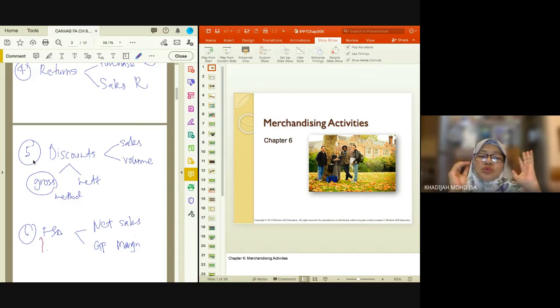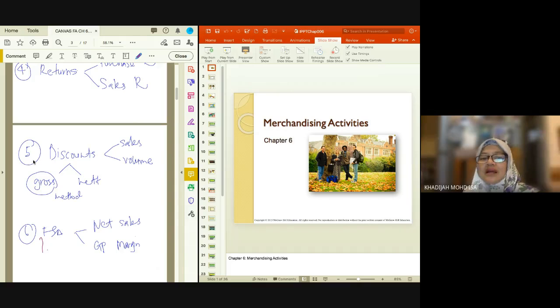But you also have to look at when you make sales. In order to encourage your customer to pay you as soon as possible, or to buy a lot more, you may give them discounts. These are discounts allowed, the discount that you give to your customer. In this case, the discount is an expense to you.